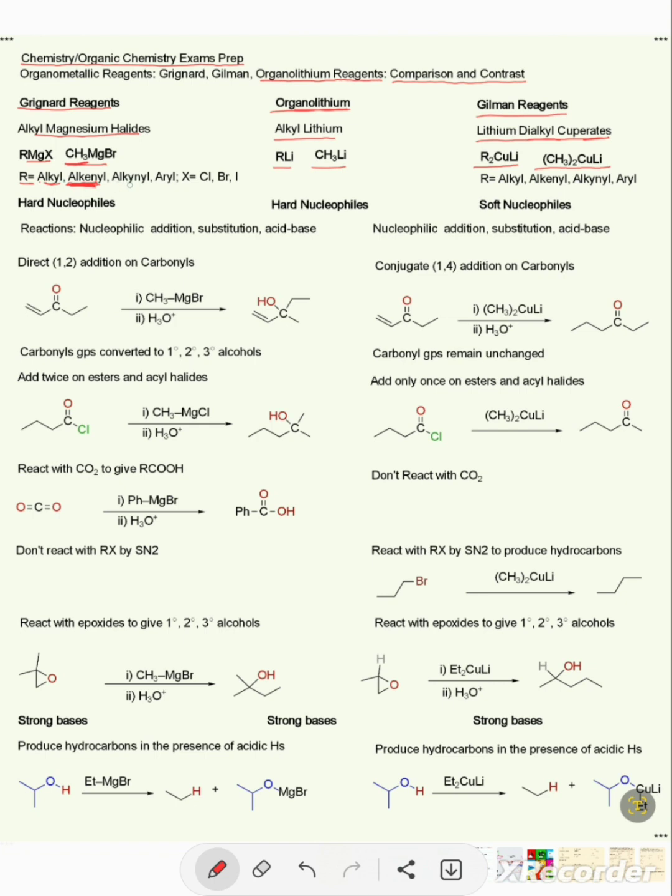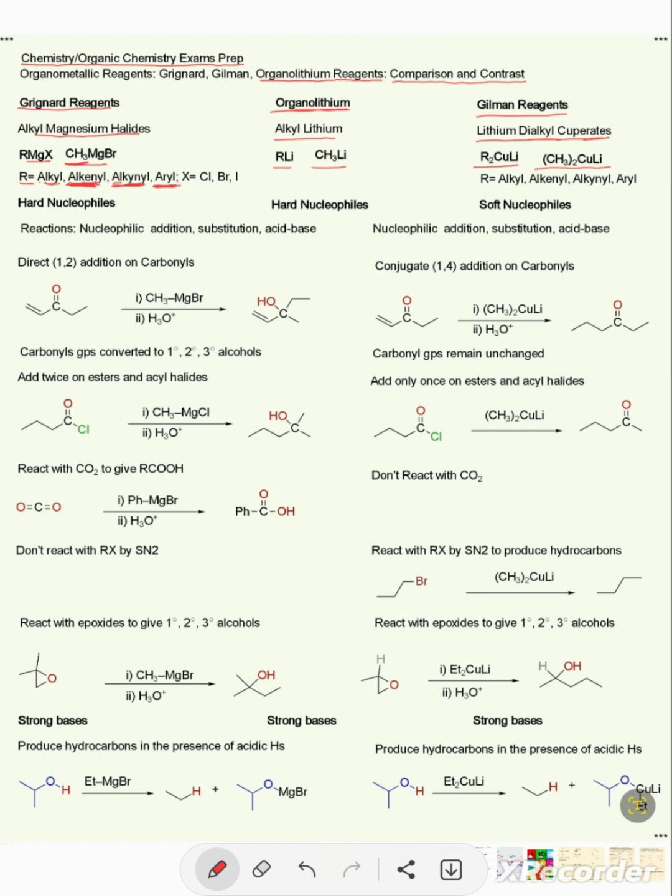The third type of R group could be an alkynyl group, where the carbon that the magnesium is connected with is an sp carbon. The fourth type of R group here is the aryl group. An aryl group is like a phenyl group, or it could also be some other organic aromatic compound.